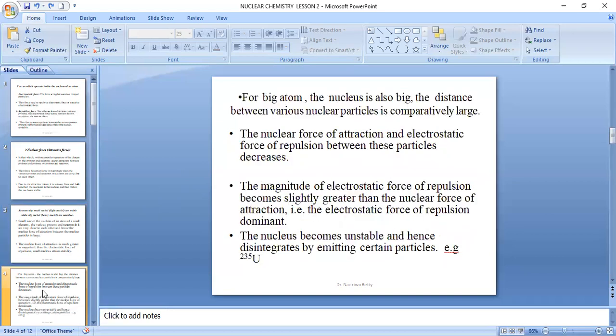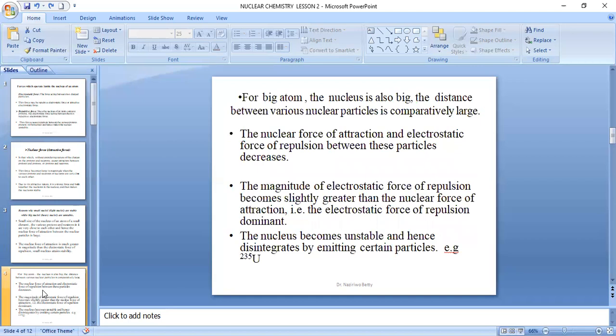For a big atom, the nucleus is also big, and the distance between various nuclear particles is larger. The nuclear force of attraction and the electrostatic force of repulsion between these particles therefore decrease.